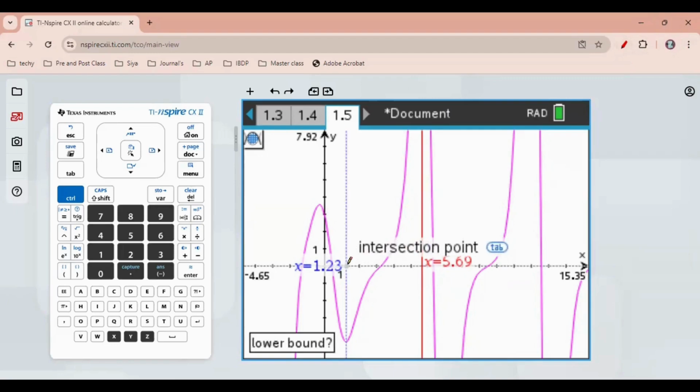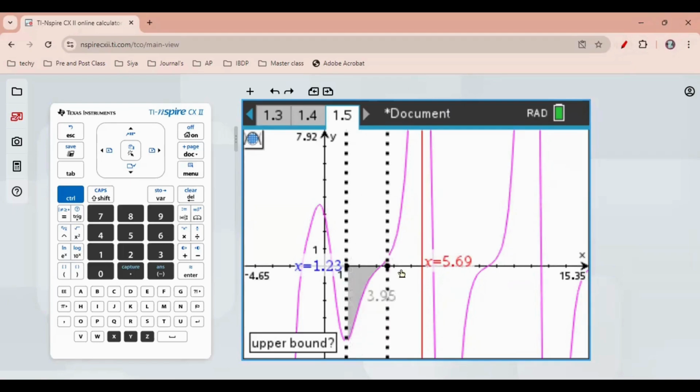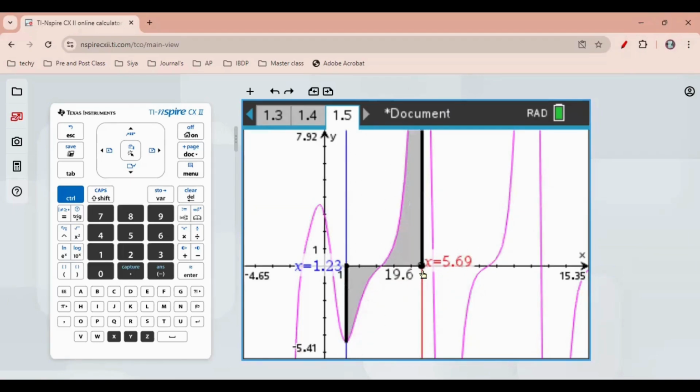Lower bound is 1.23 and upper bound is this. See, the exact portion is shaded here, and the calculated value is displayed here. It's 19.6. In integral terms it's a bounded area, but our answer is the total distance covered in this particular interval. Got it?